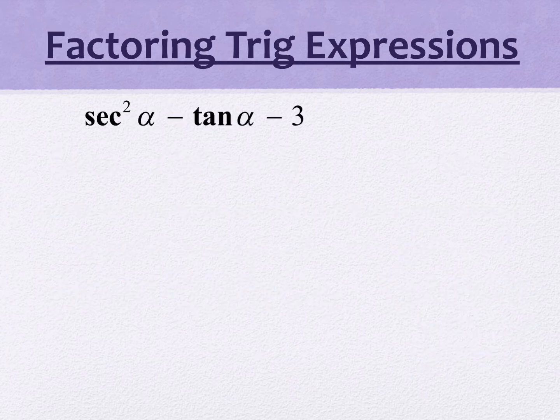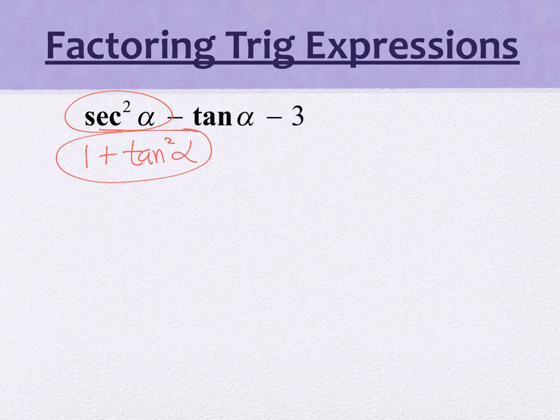Let's try this one. I do have a quadratic trinomial, but now it's got secant and tangent. So I do remember secant squared is one of my Pythagorean identities. So I'm going to substitute that in. It's the same as 1 plus tangent squared of alpha. So that's the whole substitution, and then I'm going to continue my expression. Now I have at least the same trig function.